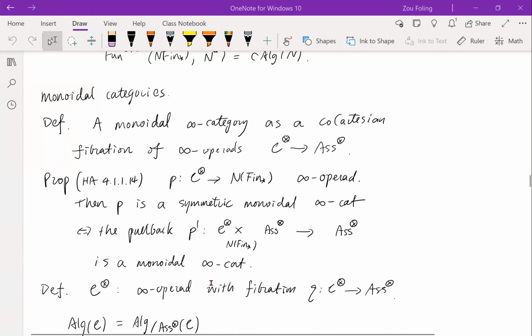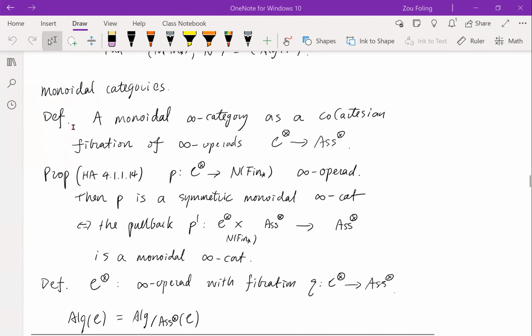Okay, and now I'm going to remove the symmetry and do monoidal categories. I will first start with a less common route, but a more natural route in this talk, which is, before when we did symmetric monoidal categories, we looked at the commutativity operad, and then we looked at Com tensor, which is nerve of thin star over nerve of thin star, and then we looked at co-Cartesian fibrations over that.